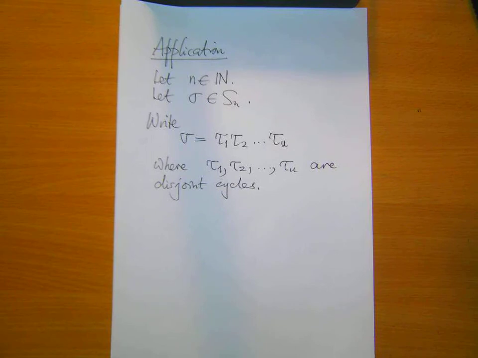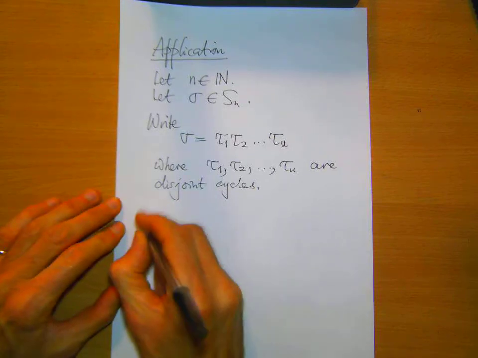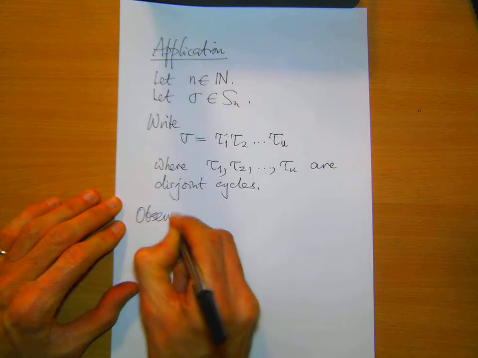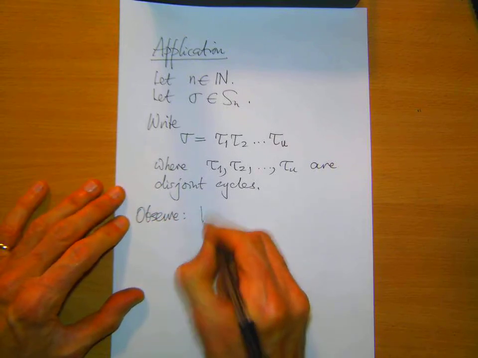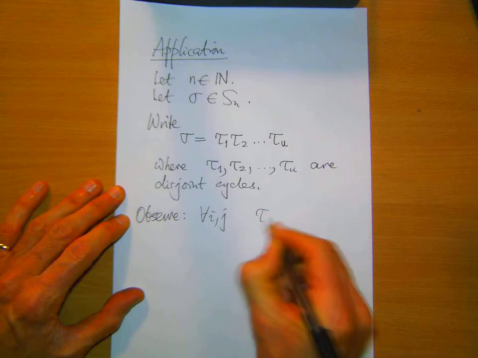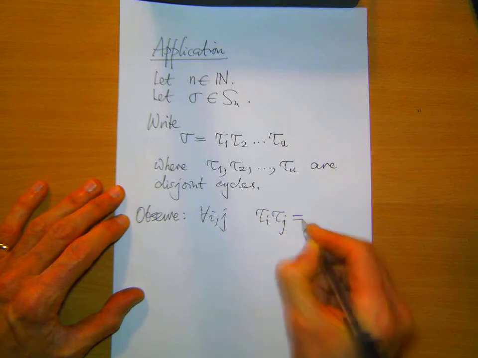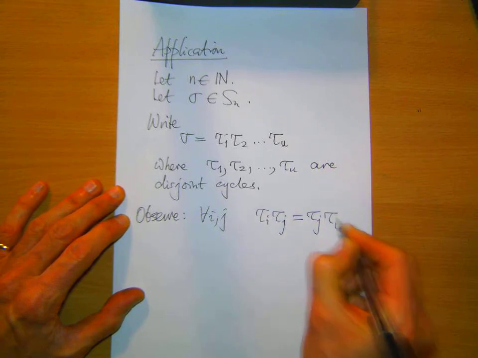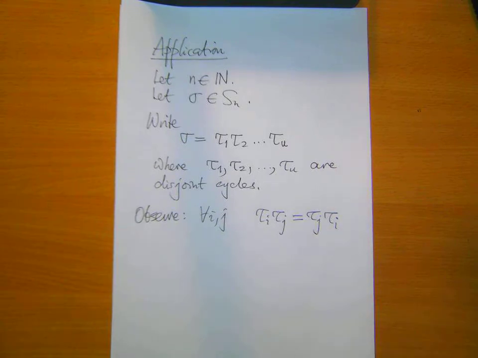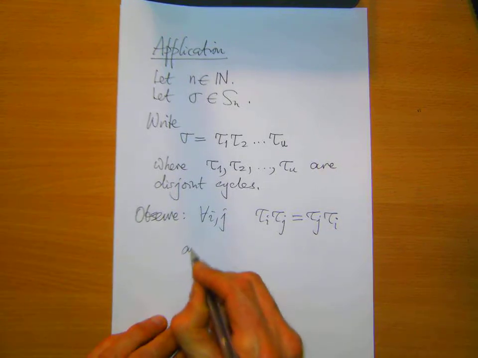Any two disjoint cycles commute with each other, so that's one of the hypotheses of the theorem. And so let me just observe that for all i and j, tau i tau j is the same as tau j tau i. So any two of these commute.